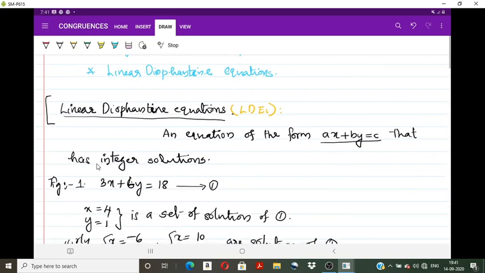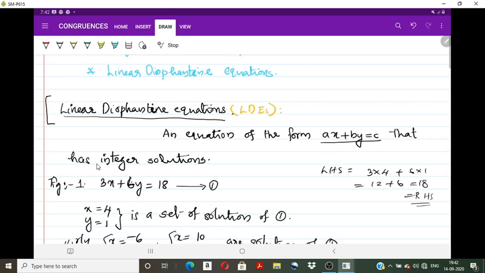For example, consider the equation 3x plus 6y equal to 18. We can verify that when x is equal to 4 and y is equal to 1, the left side is 12 plus 6, which is equal to 18, the right-hand side.